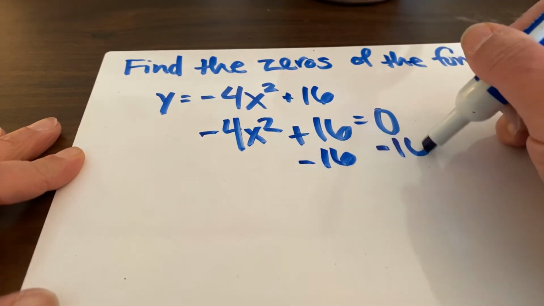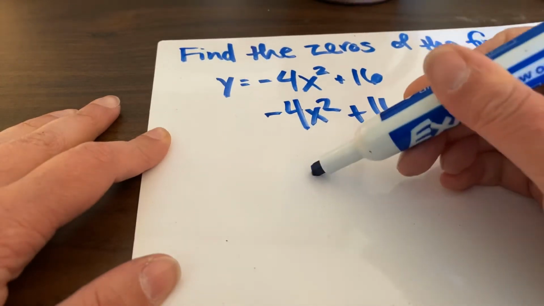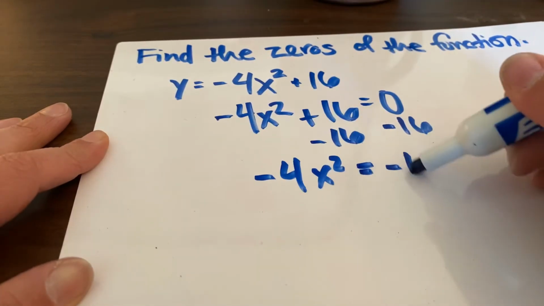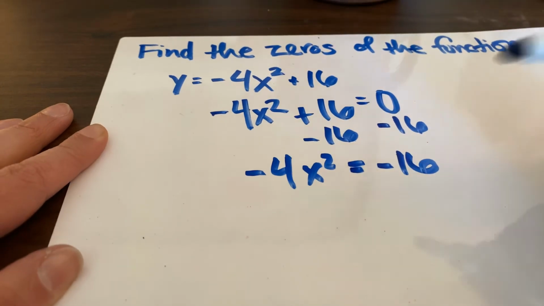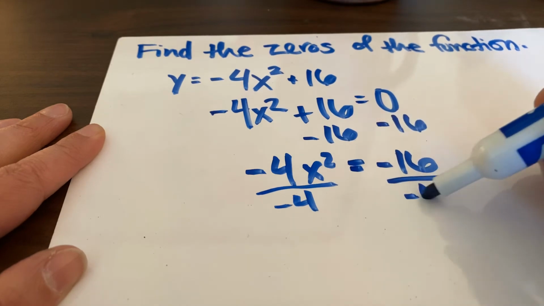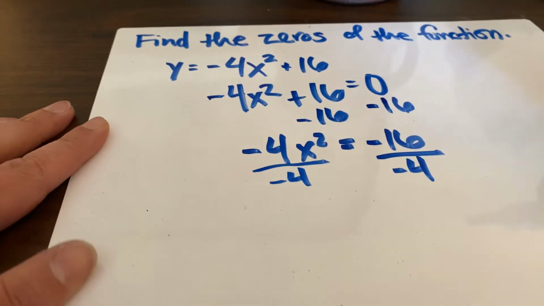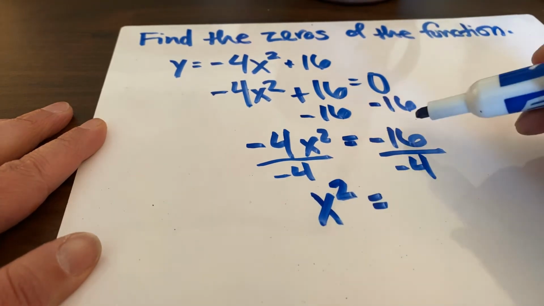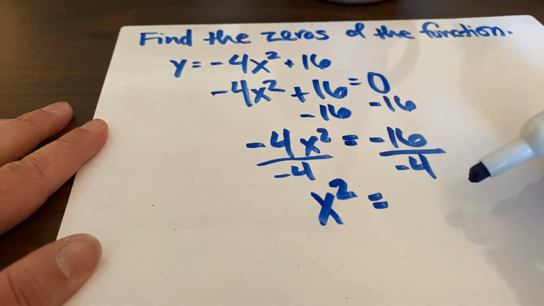So we'll subtract 16 from both sides, and we get -4x squared equals -16. And then I can divide both sides by -4. And then I would have x squared equals, well, what's -16 divided by -4?